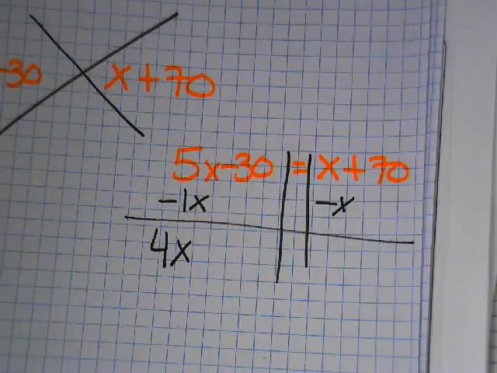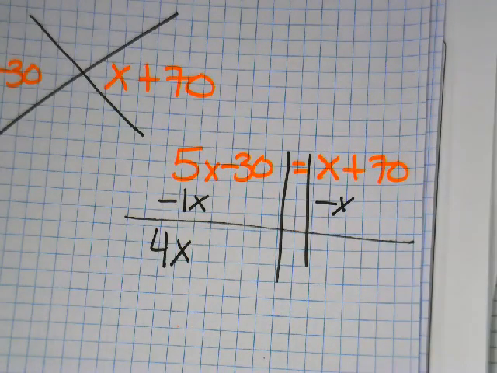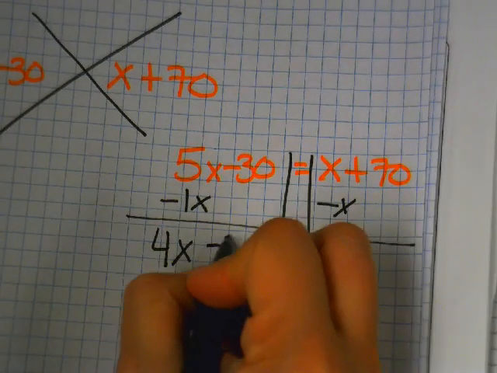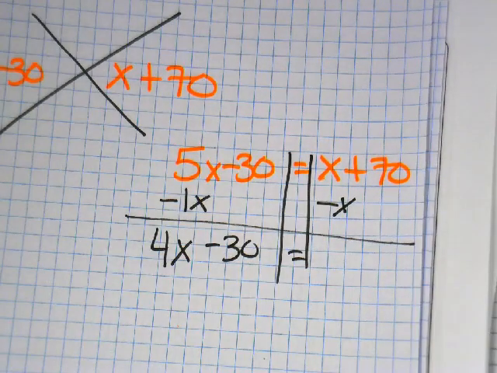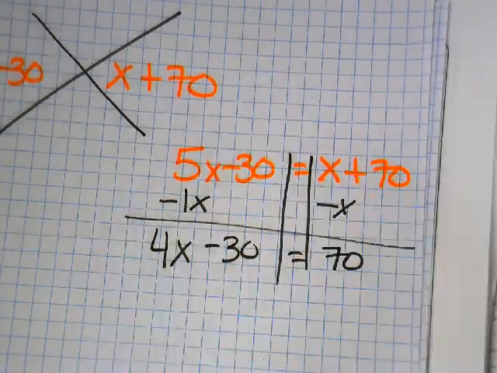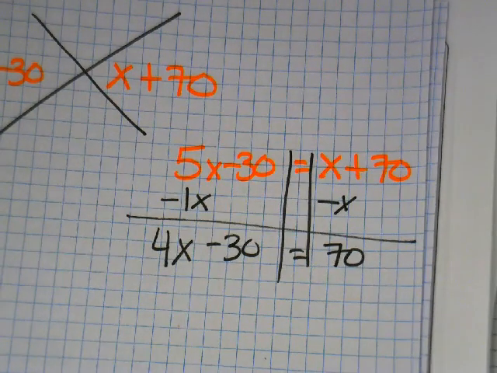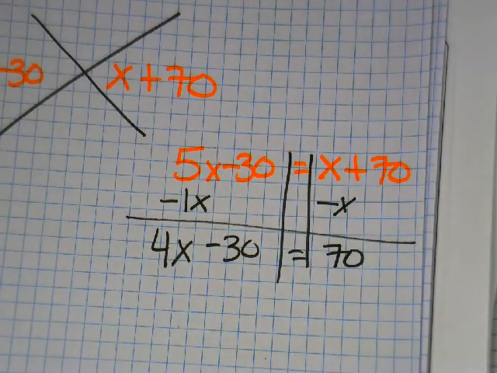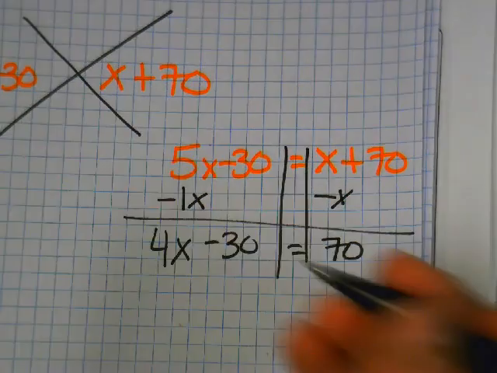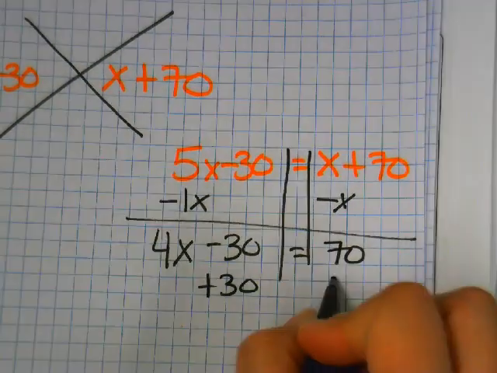What else is there that I haven't used? 30. Oh, wait. Minus 30 equals, what's on this side? 70. All right. Now what do I do? Add 30. Very good. Add 30. Add 30.